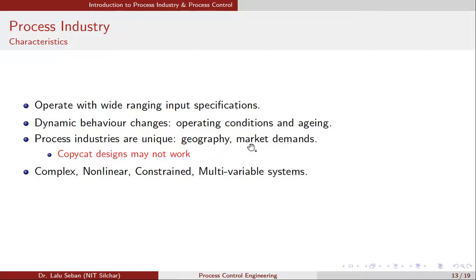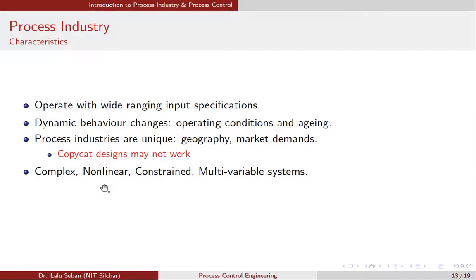So from place to place, the industries will vary even if they are doing the same thing. So in many cases, we cannot copycat the designs. In one place it may work, in another place it may not work. So from the discussion, it's very clear that the process industries have a very complex nature.